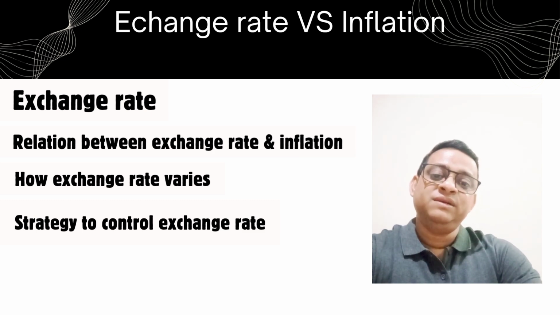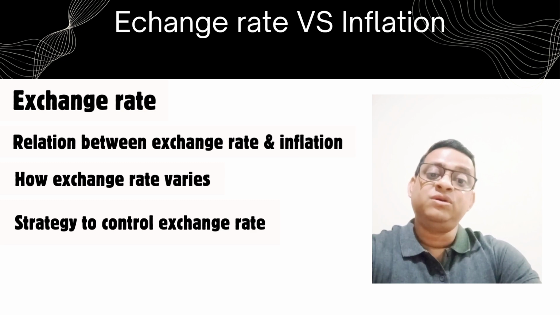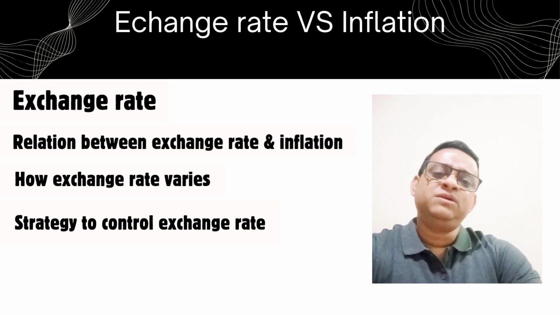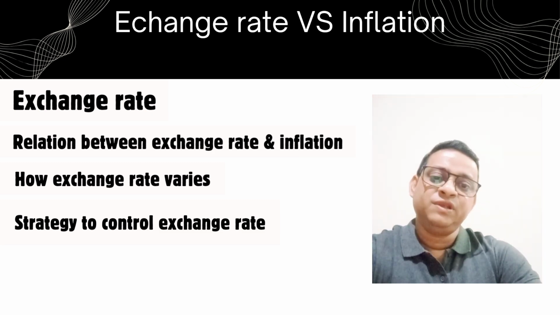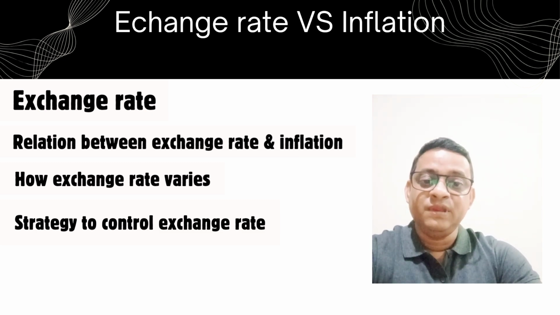Suppose in today's scenario I want to import that raw material, and the price of that raw material is $1. So today, to import that raw material, I have to expend 83 rupees.